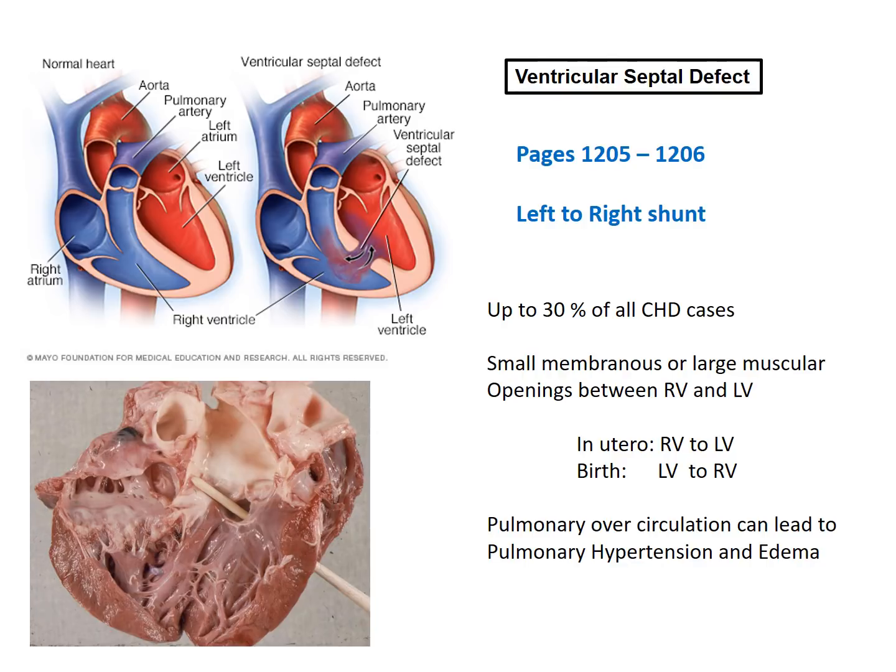And the infant then gets symptomatic due to the pulmonary hypertension and the pulmonary edema. Interestingly, sometimes these VSDs close spontaneously, and sometimes these VSDs actually have to be repaired with a patch and open heart surgery.